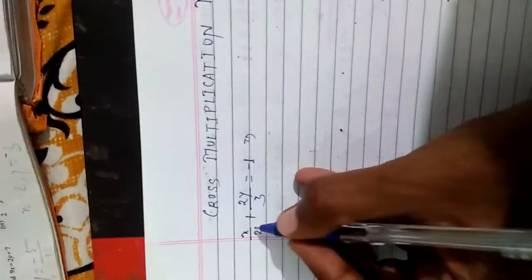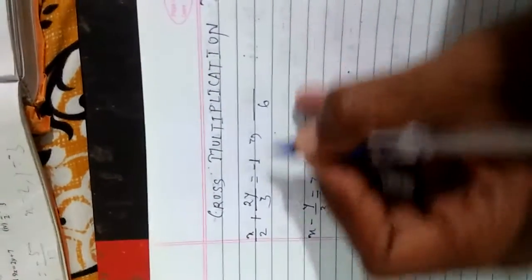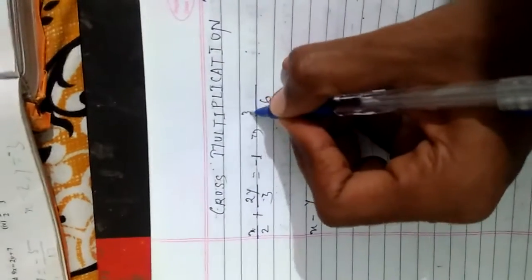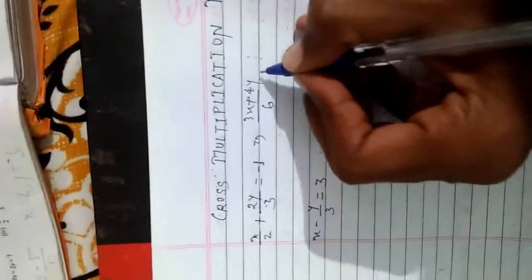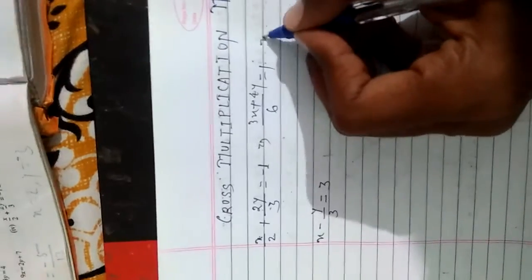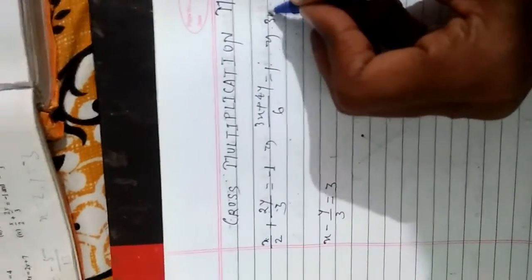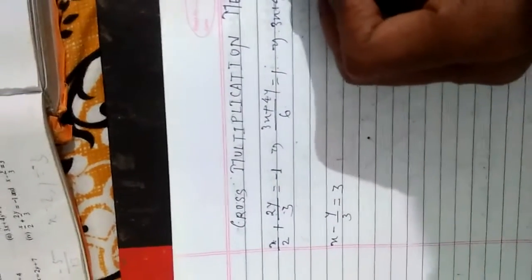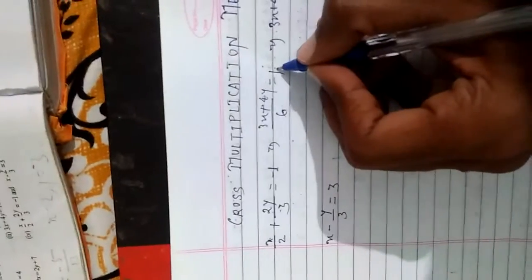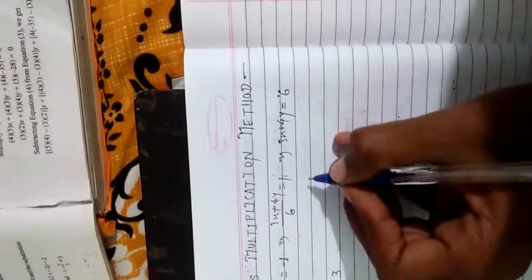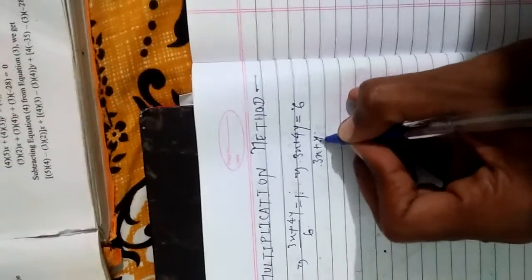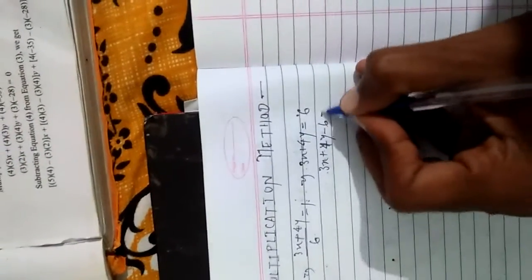Taking the LCM, which is 6, we get 3x plus 4y equals 6 ones are 6. So you can also write it as 3x plus 4y minus 6 equals 0.